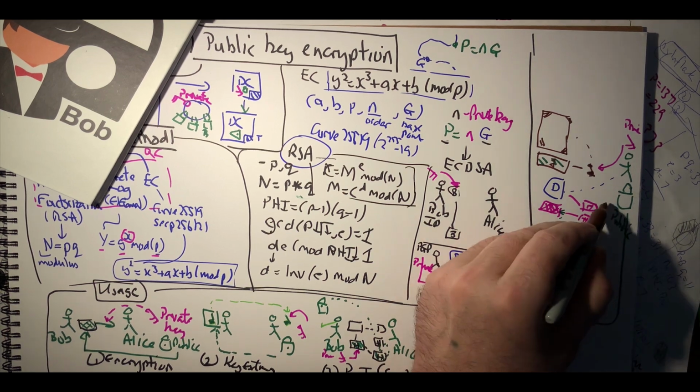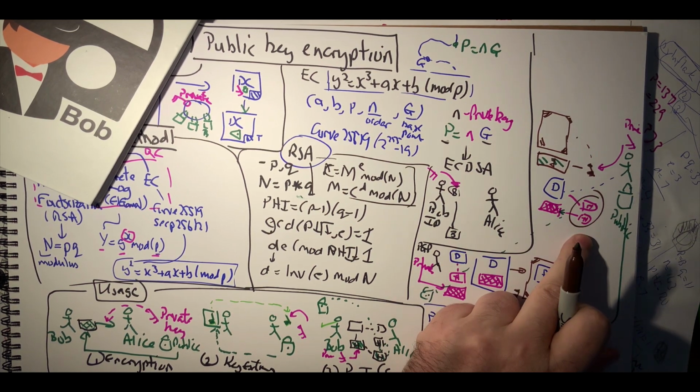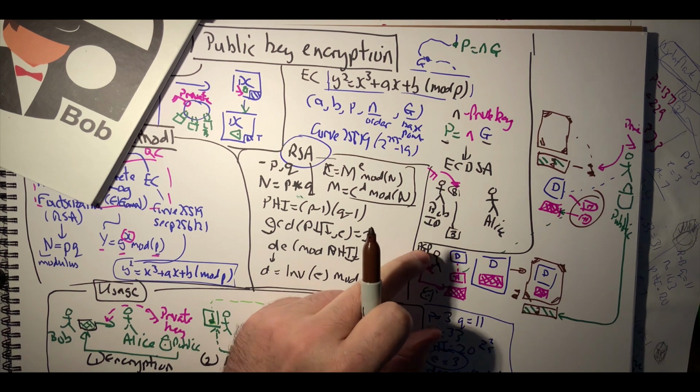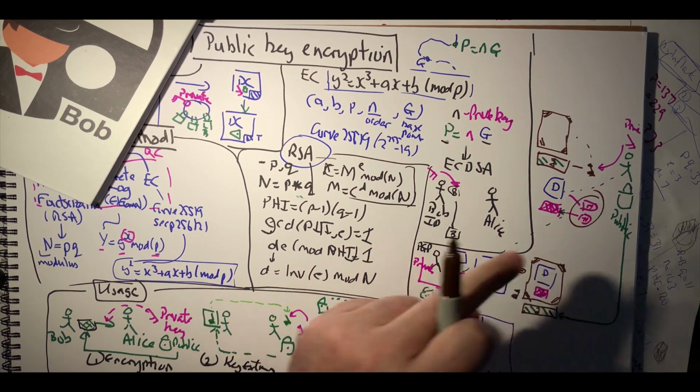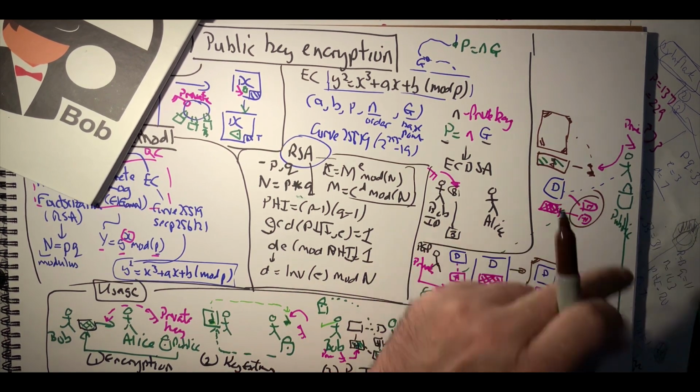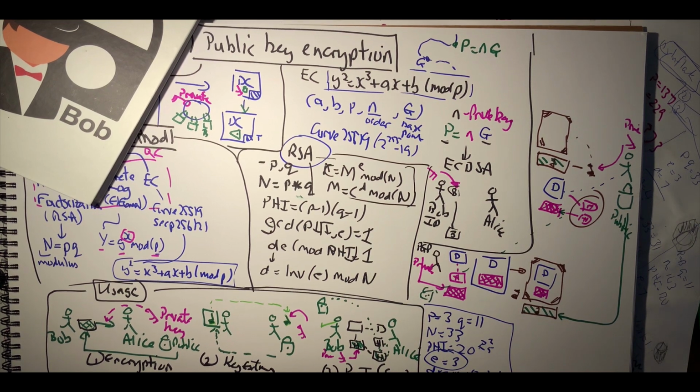And if the two hashes match, then she knows it was Bob who signed the message and knows that the message has not been changed in transmission.